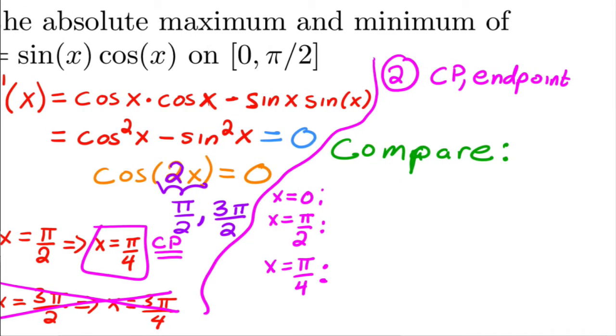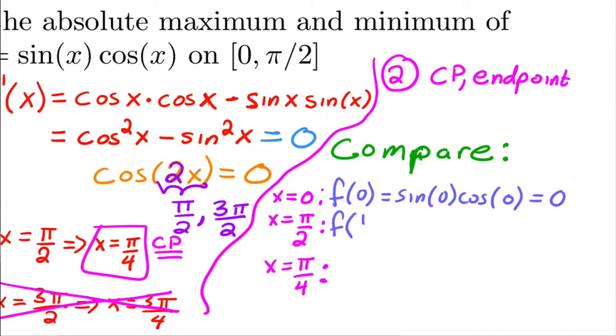So let's do that. So here I have f of 0, which is sine of 0 times cosine of 0. And that's just equal to 0. Now if I plug in pi over 2, I get sine of pi over 2 times cosine of pi over 2. And that's also equal to 0.